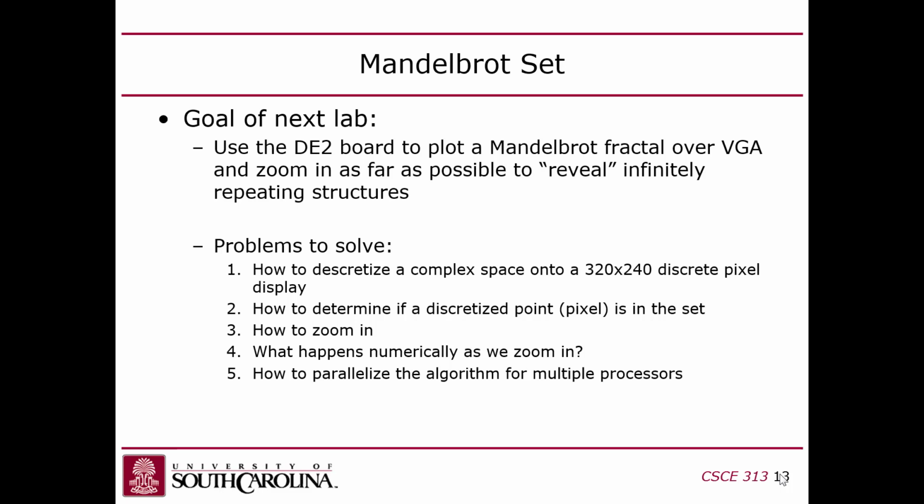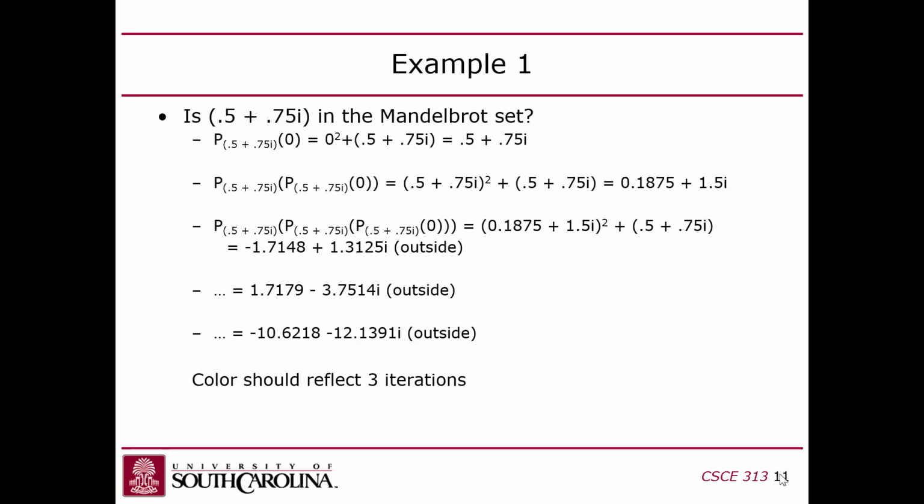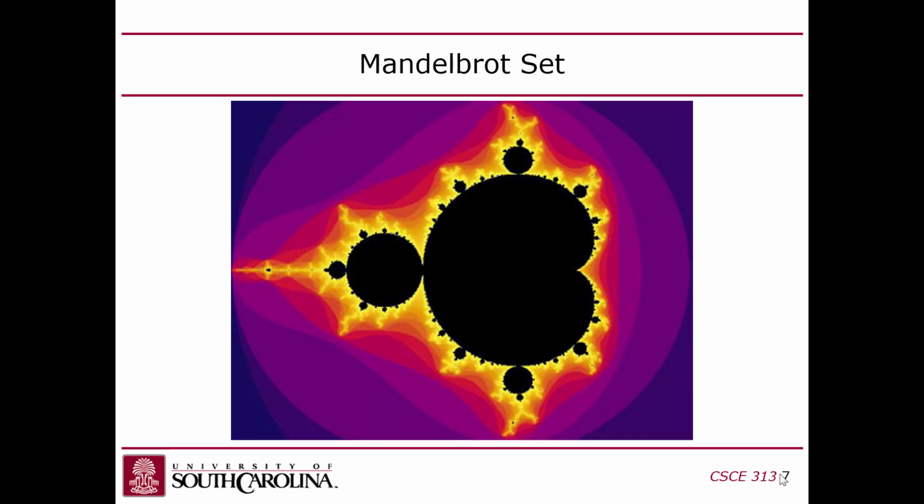Also, how do you determine if a pixel's in the set, and how do you zoom? Oh, we also, by the way, want to zoom in. Sorry, I should have mentioned that earlier. These fractals are only interesting if you pick a point somewhere in one of these brightly colored regions and you zoom into it. Otherwise, they're kind of boring. If you zoom into a black area, it just quickly becomes a black screen.